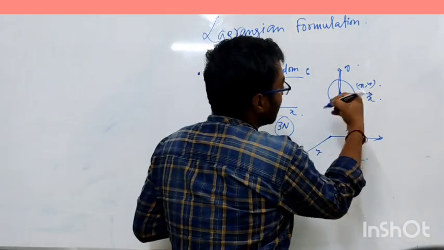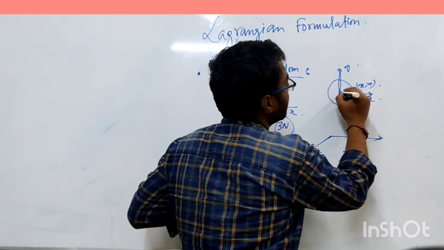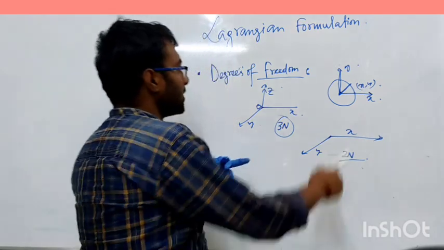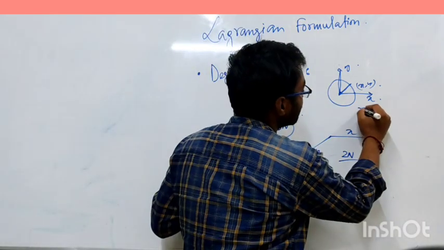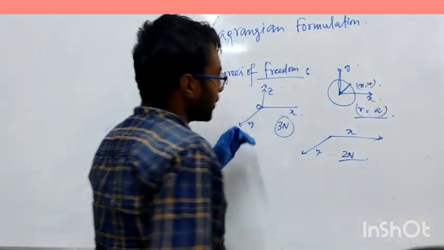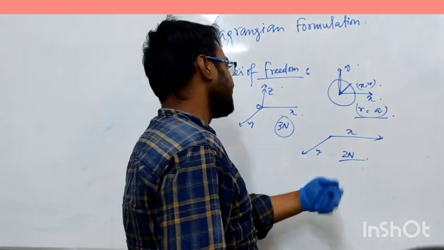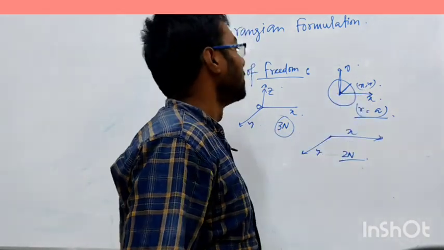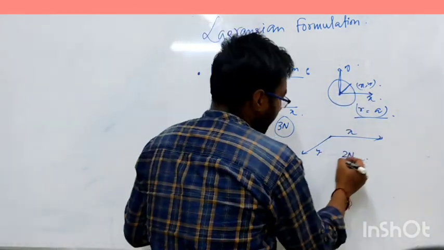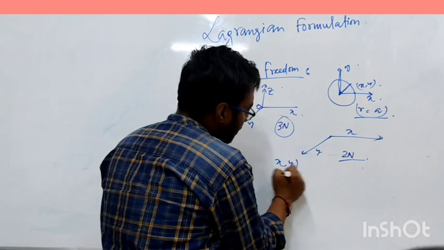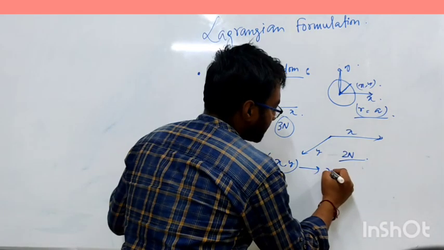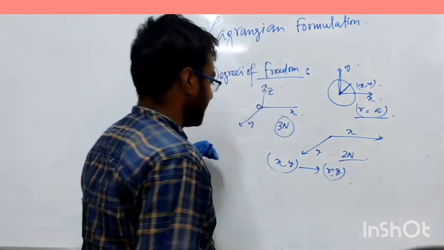How? Here the radius of the circular track is constant, so r equals a. If we transform the coordinate system from Cartesian to polar, we get a new coordinate system in another space, r and theta.